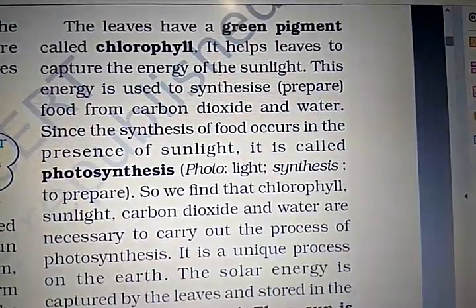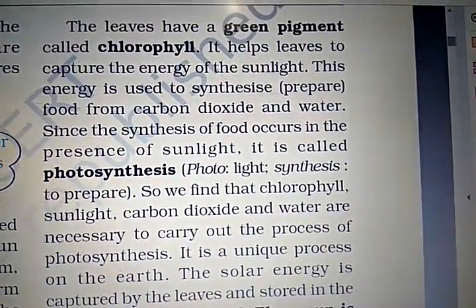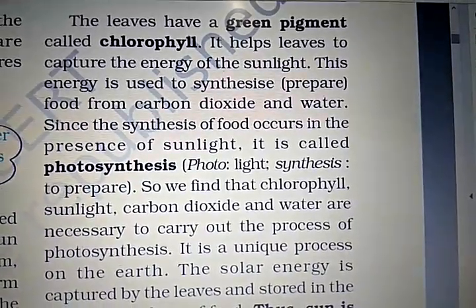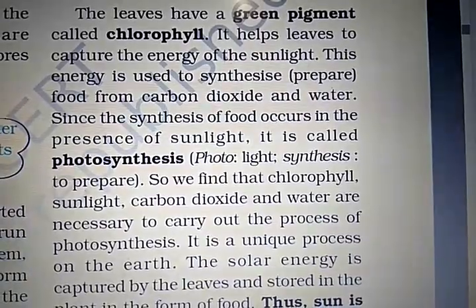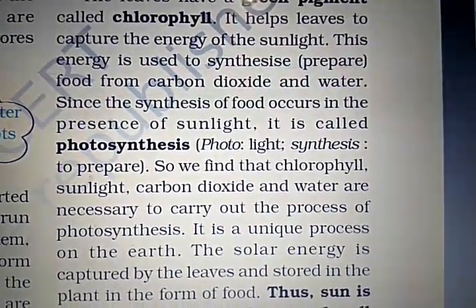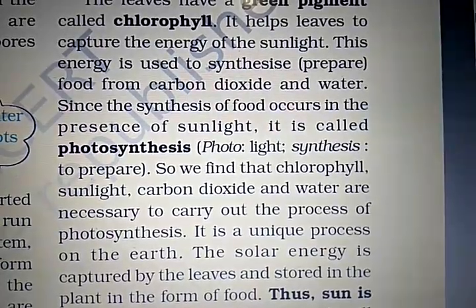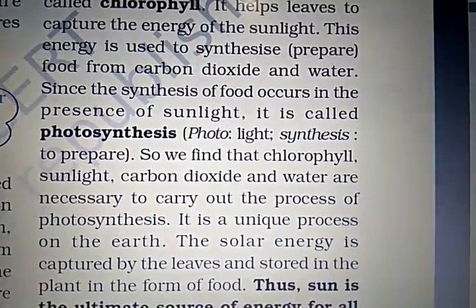This energy is used to synthesize, meaning prepare, food from carbon dioxide and water. Since the synthesis of food occurs in the presence of sunlight, it is known as photosynthesis. So chlorophyll, sunlight, carbon dioxide and water are necessary to carry out photosynthesis.